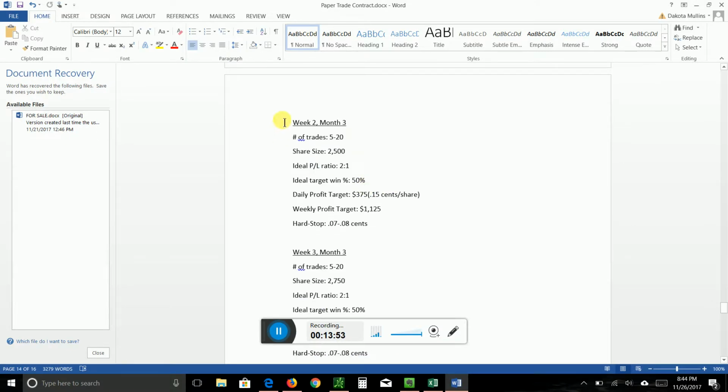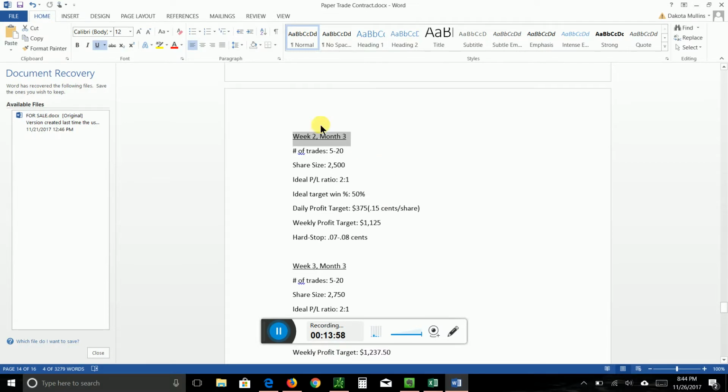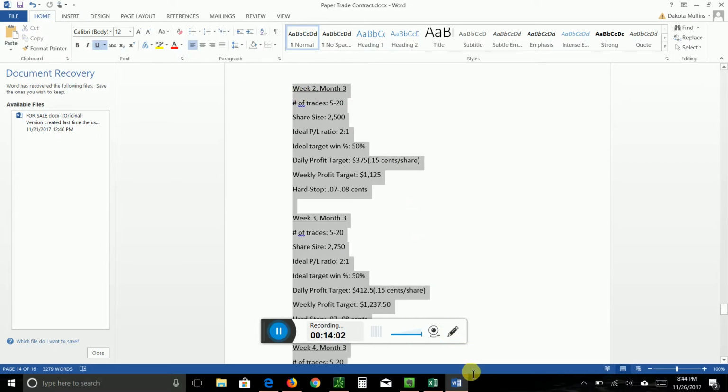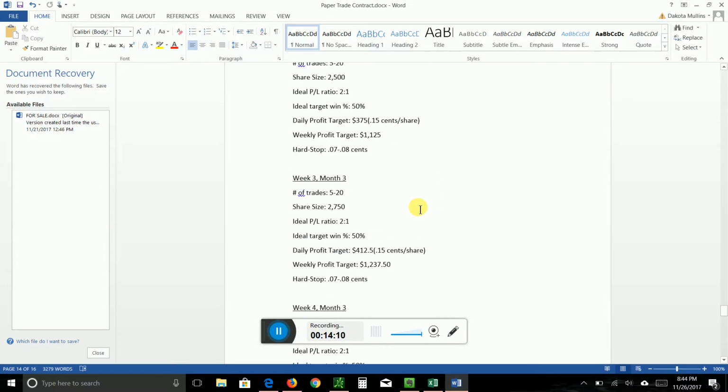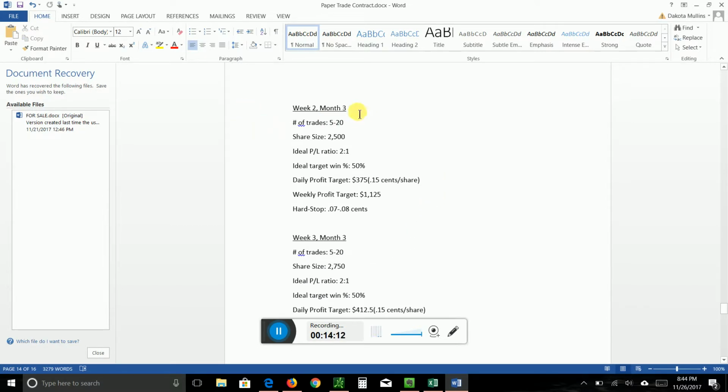And that would put me at week 2, month 3, which means I only have 3 weeks left. And I will be completely finished with this contract. That's pretty exciting.